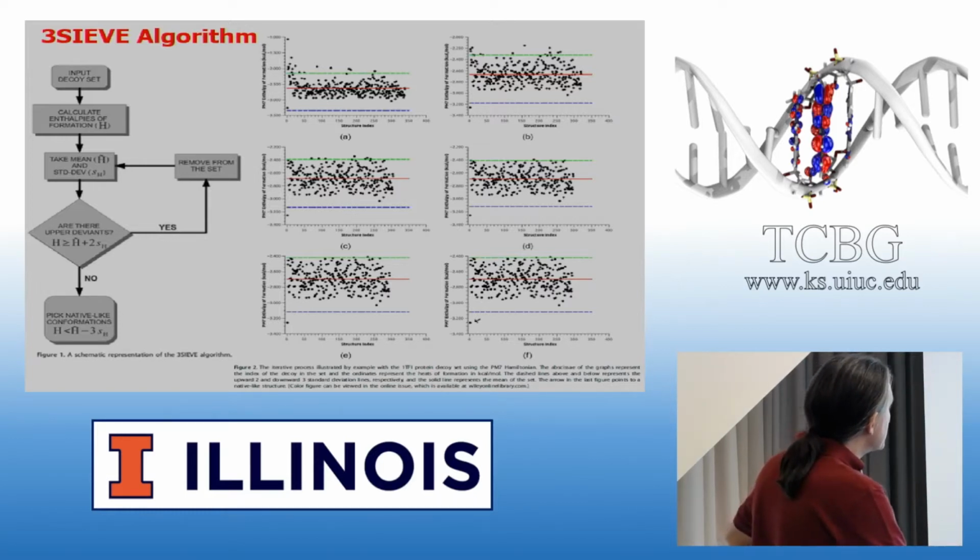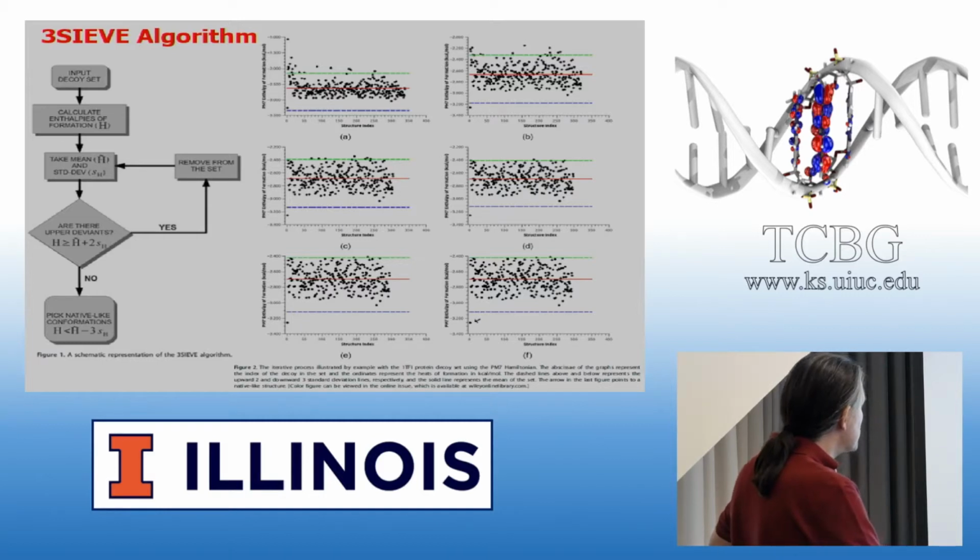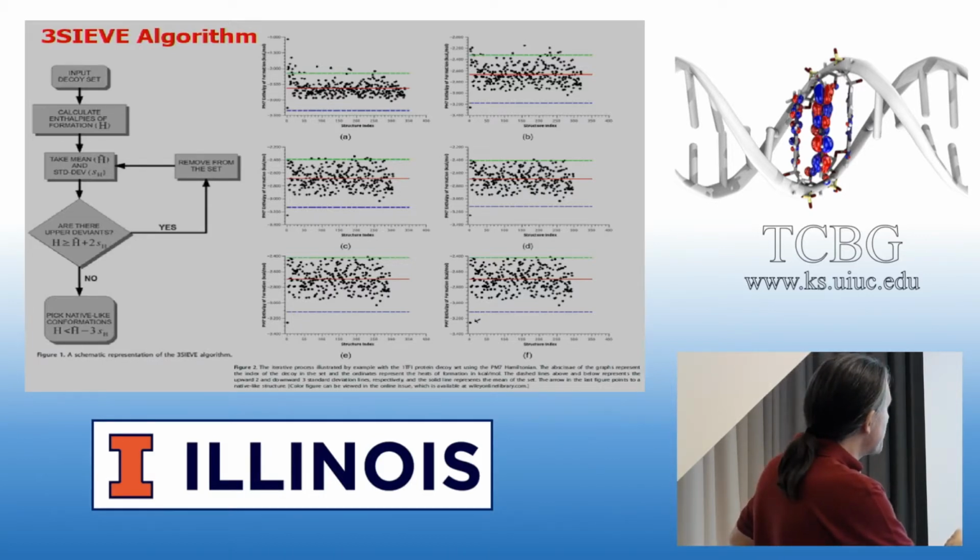Here, in the first iteration, you have too many geometries with energy above the standard deviation limit. In the next step, you can note fewer. In another step, even fewer.